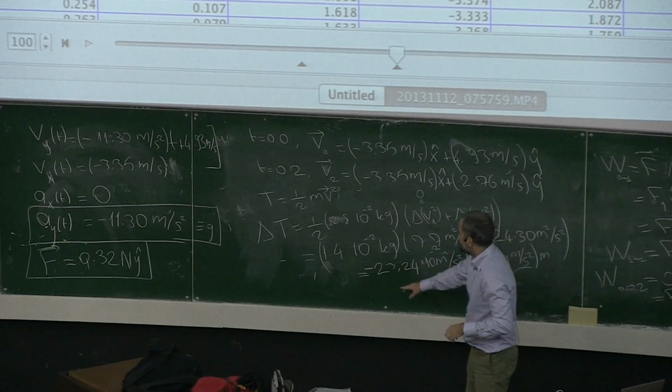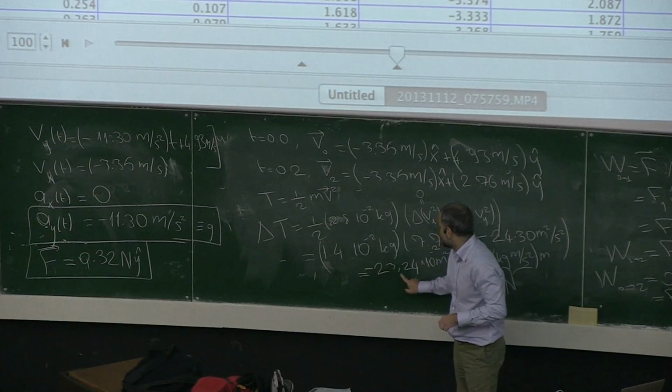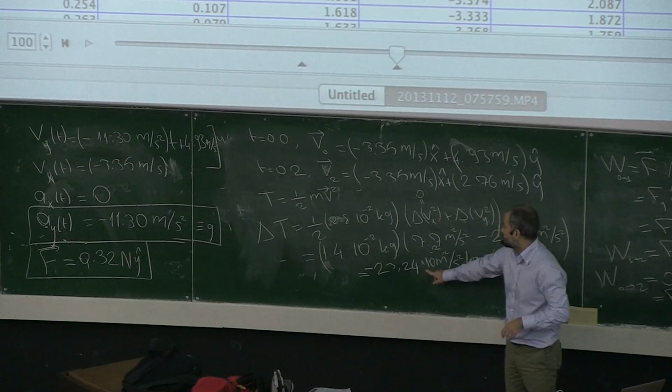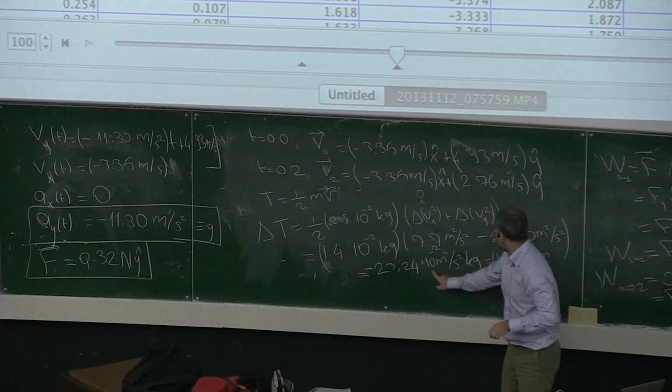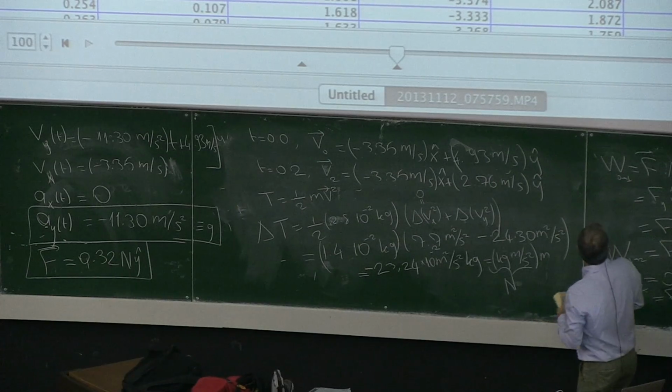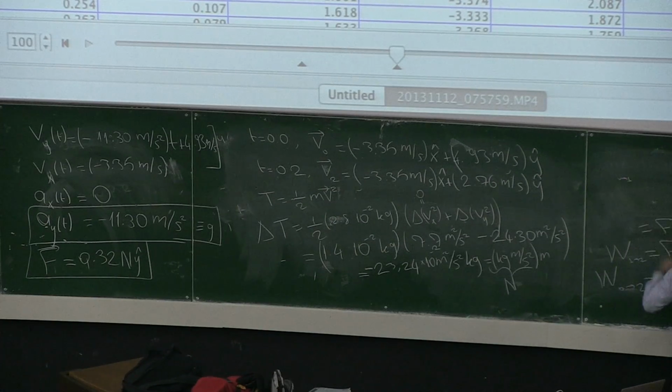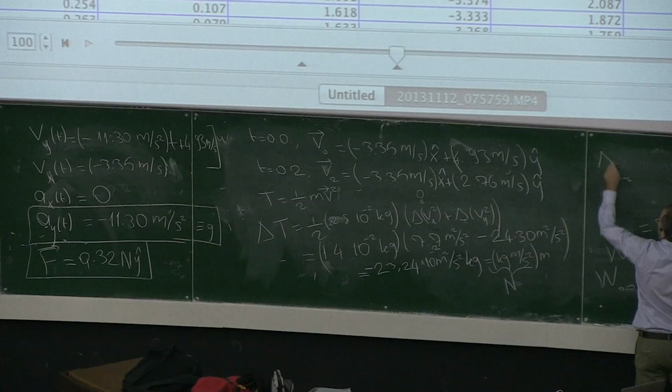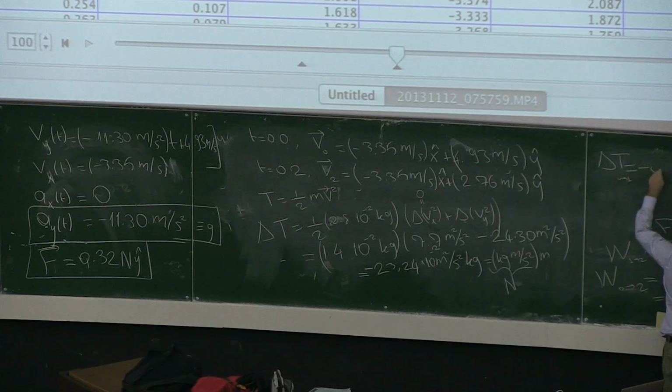So the change in the kinetic energy is minus 23.24 times 10 to the power minus 2 joules. Delta T is minus 0.23 joules around.